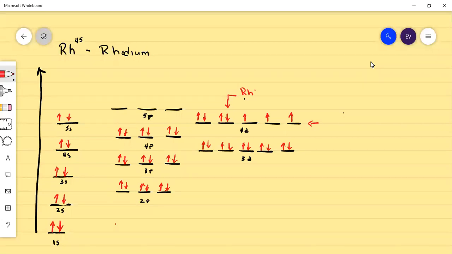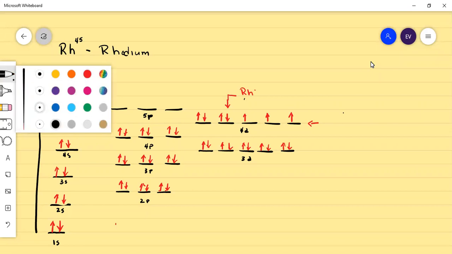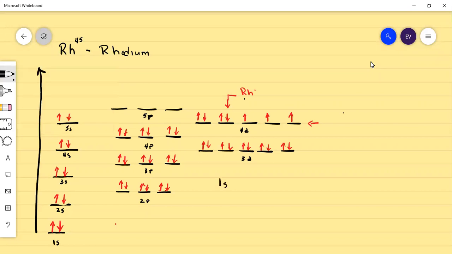Now let's do our electron configuration shorthand. Again, this is review. We're going to do the orbital notation. I'm just going to write the name of the orbital: 1s2, 2s2, 2p6, 3s2, 3p6, 4s2, 3d10, 4p6, 5s2, 4d, 1, 2, 3, 4, 5, 6, 7, 4d7.